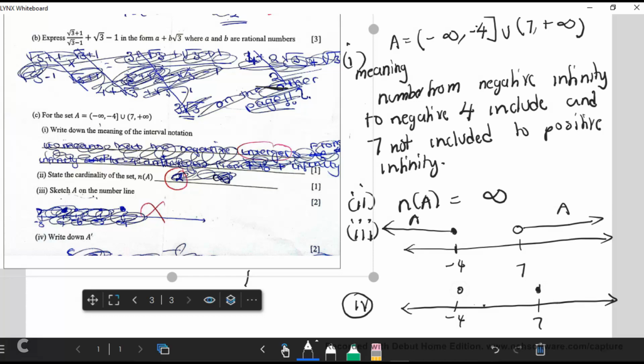So here 7 will now be included. Here it was not included, but here it is included. Here 4 is included in A, meaning here in the complement it is not included. So this is A prime. So this is how you solve this question.